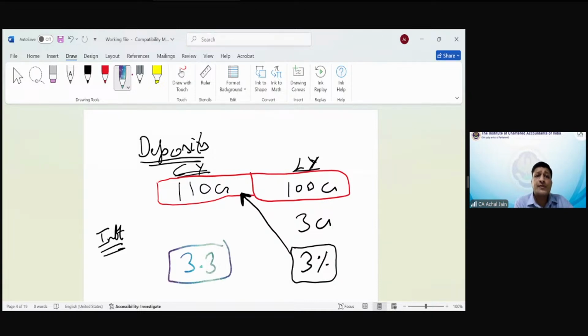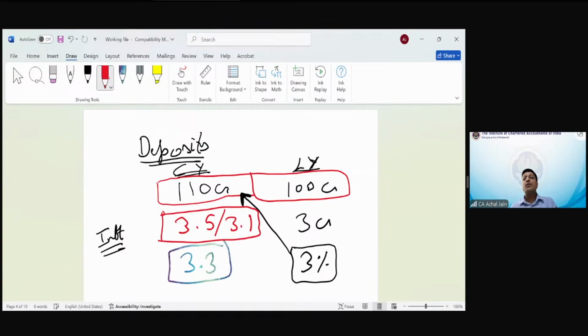Now let's suppose during the current year, actual expenditure is say 3.5 crore or say 3.1 crore. Now in this case, what will the auditor do? Auditor will discuss that with the management.